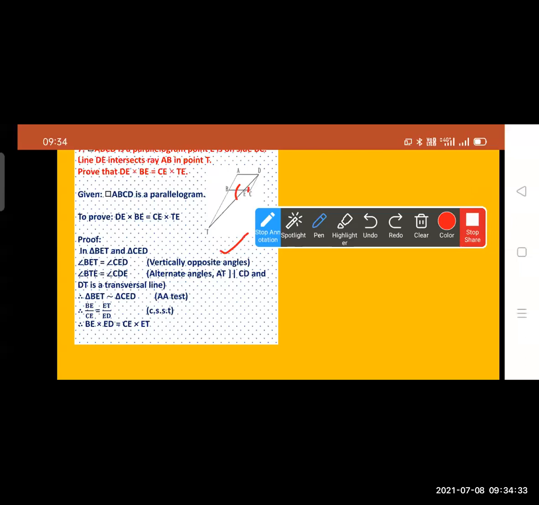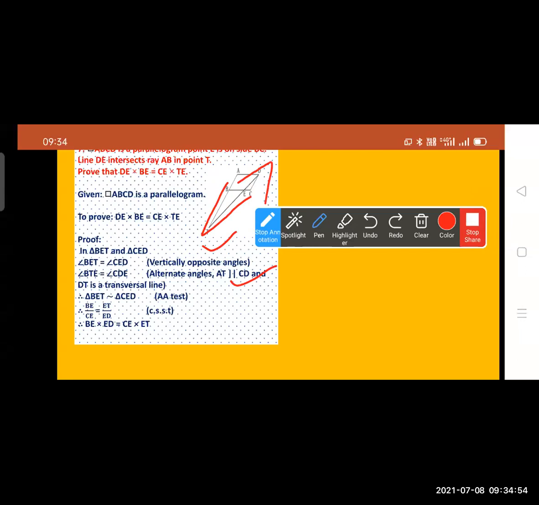And these two sides are parallel and this one is transversal, so this angle and this angle are equal. First we write angle BET congruent to angle CED, vertical opposite. Then we write angle BTE is equal to angle EDC, alternate angle.